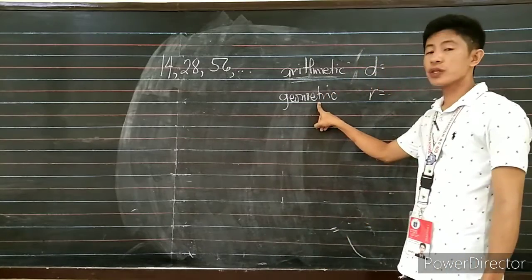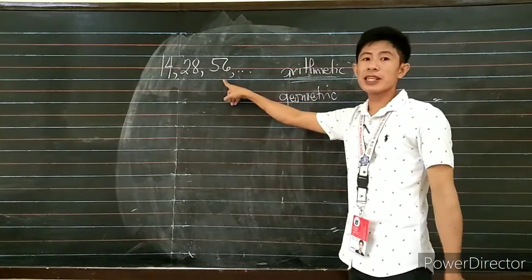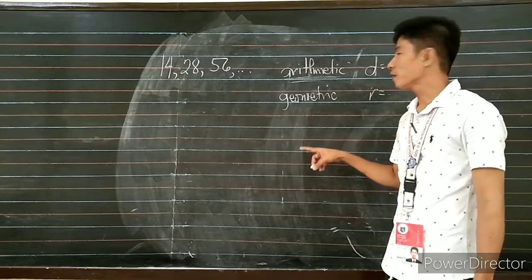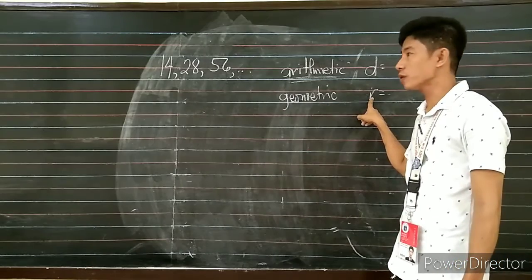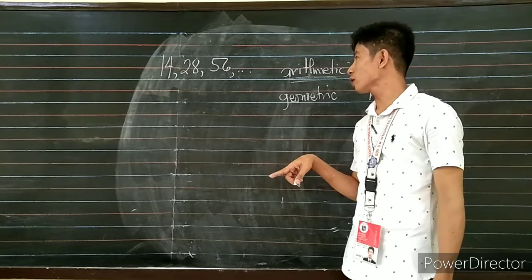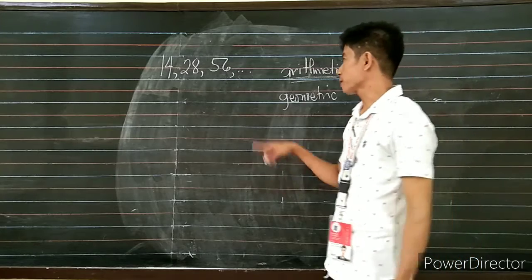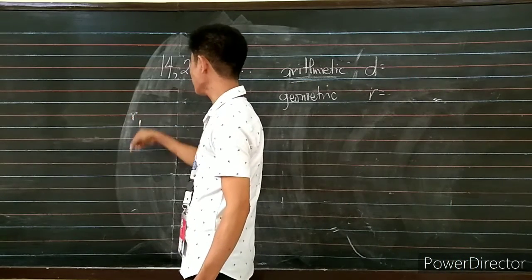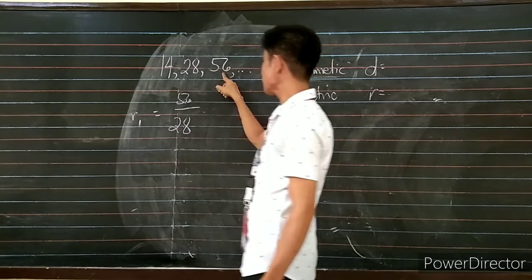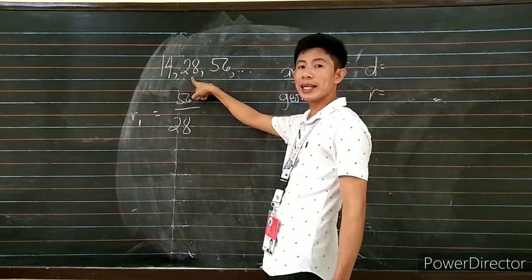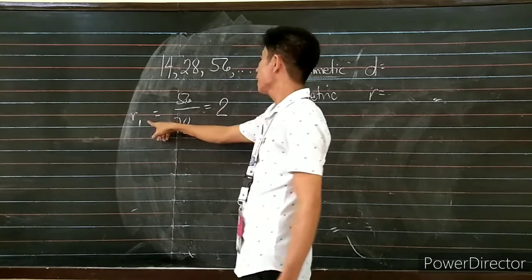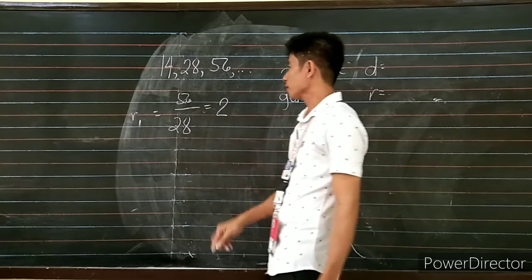Let's try if this given sequence is an example of a geometric sequence by finding the common ratio, or the quotient of the two consecutive terms. So we have for ratio 1 is equal to 56 divided by 28. The answer is 2.